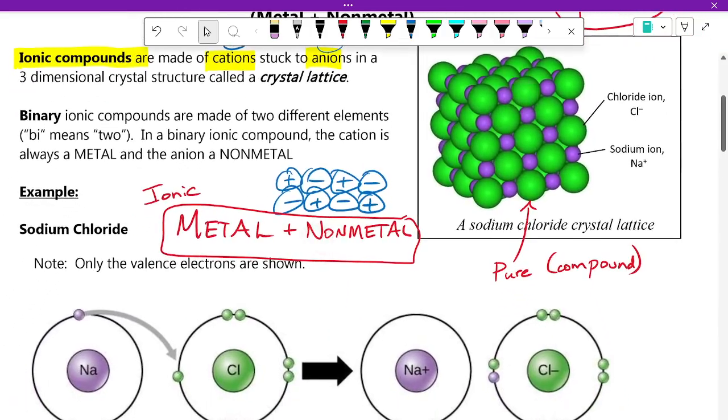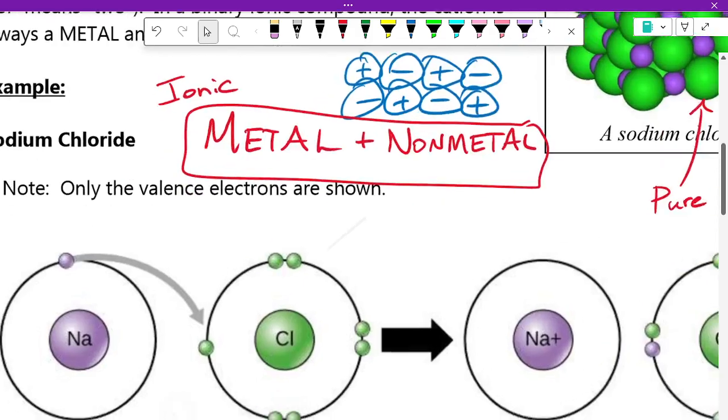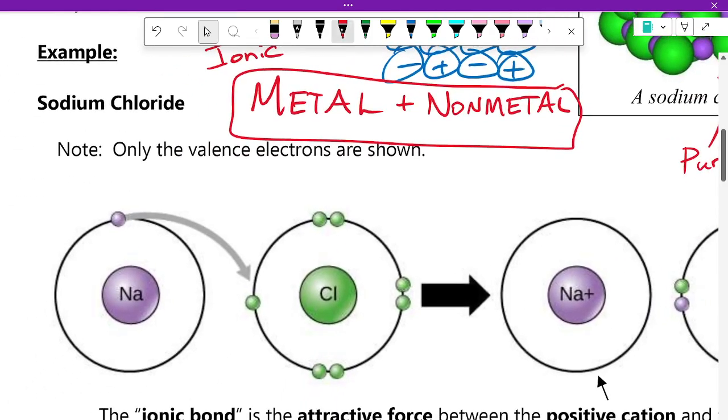For the upcoming unit, you're not going to have to draw this, but for the last unit, maybe. Here we have sodium and chlorine, and we have drawn only the valence electrons. Sodium has 1. Chlorine has an empty spot, so sodium gives its electron to chlorine.